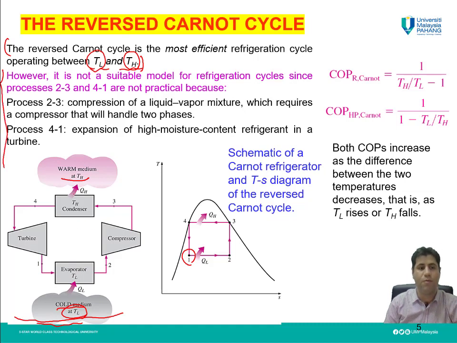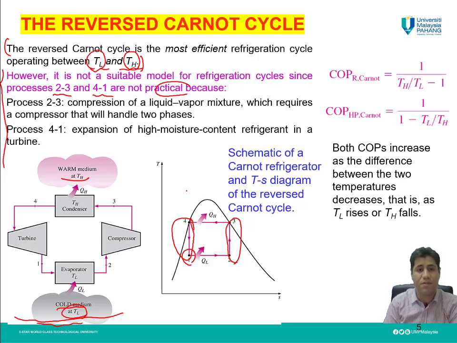This is an imaginary device, and we cannot use it because it is not a suitable model for a refrigeration cycle, since processes 2 to 3 and 4 to 1 are not practical. These two processes cannot be applied for the refrigeration cycle.